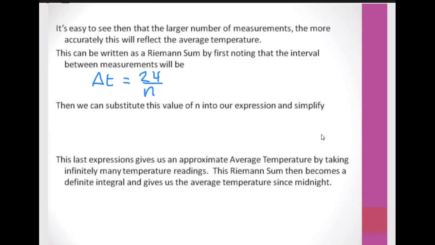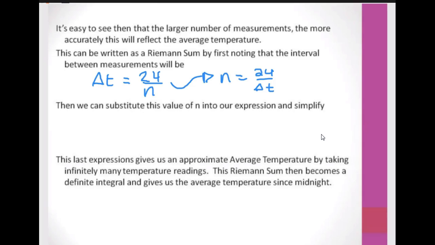Or we can say that our n subintervals is equal to 24 over delta t. Delta t represents the width of the times of the temperatures we took.